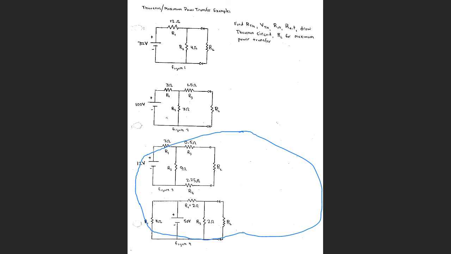What about RTH? What did you get for RTH? I got 3 ohms. 3 ohms. Anybody get something different? And what did you get? I got the same one. Okay, anybody else get something different than 3?